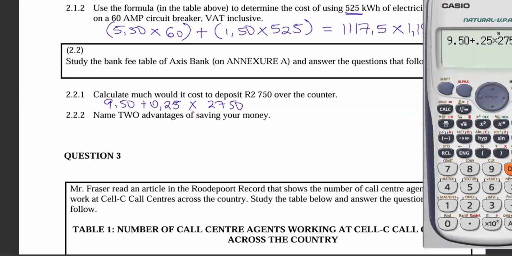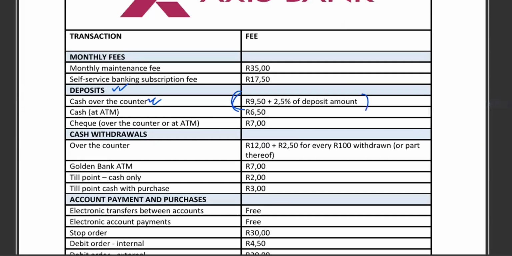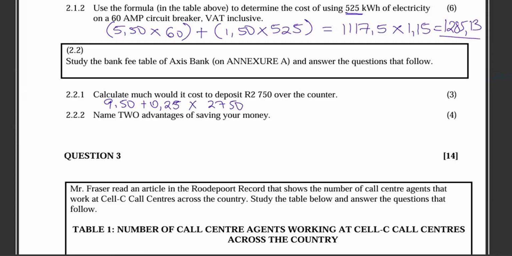And you end up having 697. It says 2,5, not 25.